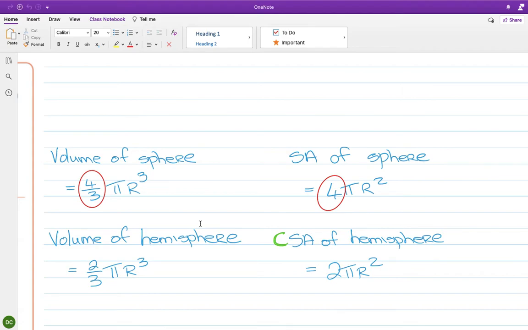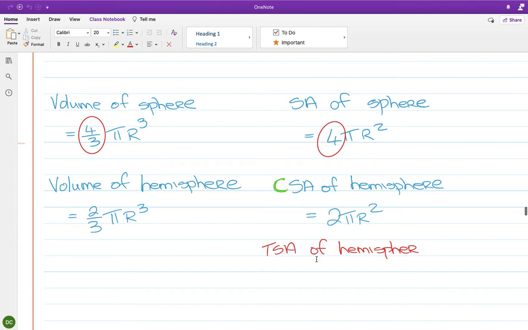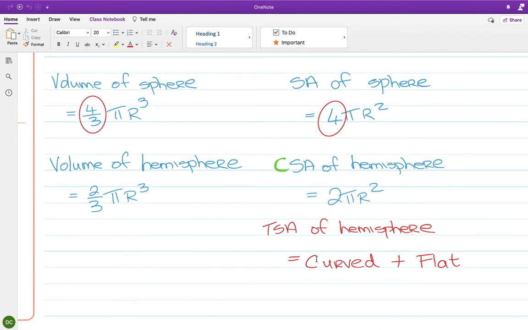So that's obviously the surface area of a sphere. When you half that, you're only halving the curved part. So to get the total surface area of a hemisphere, TSA, it will have to be the curved part plus the flat part.